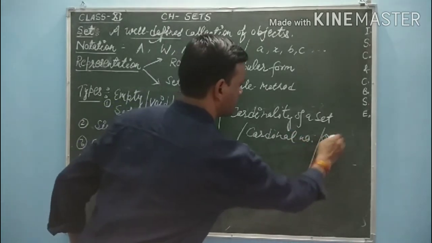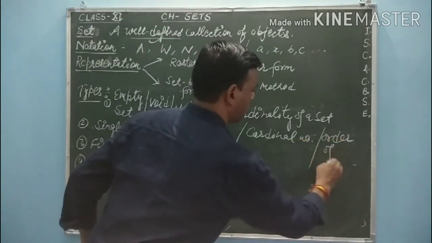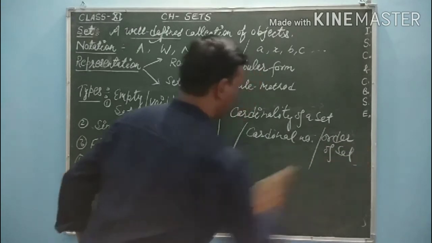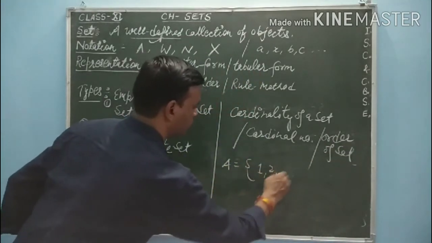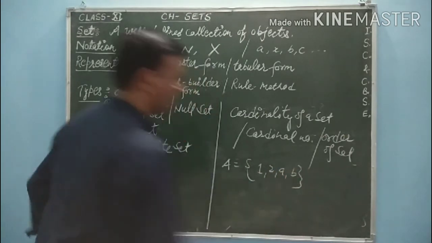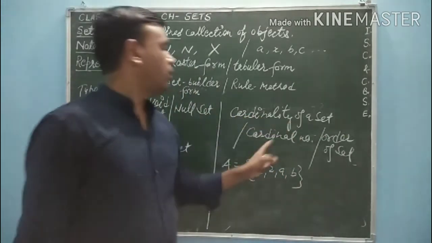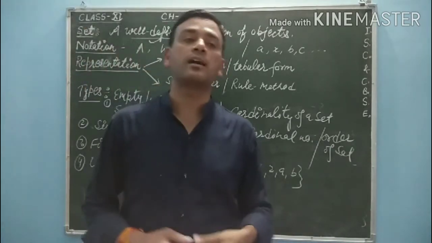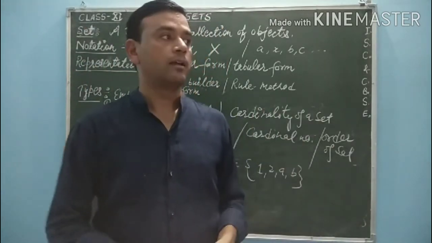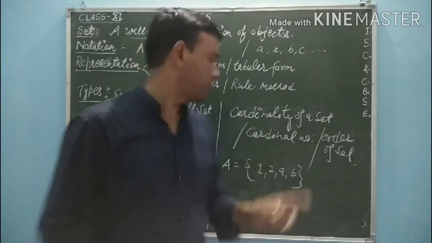Another word for this is order of a set. Suppose I have an example here: 1, 2, A, B. Cardinality of a set, or cardinal number, or order of a set means how many elements are contained by a set. That number of elements is said to be the cardinal number.